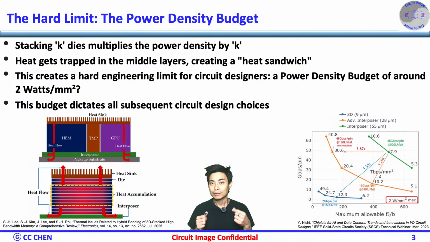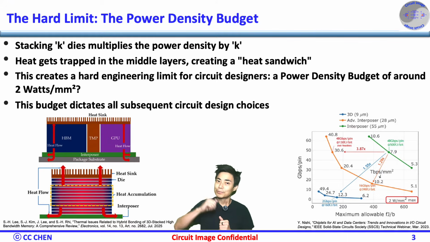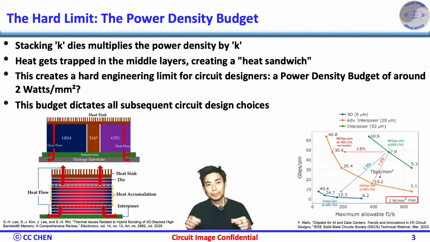Here, we hit the first hard wall, a circuit level constraint set by the power density budget. Stacking multiple active dies multiplies local power. Heat becomes trapped in a heat sandwich, and that creates a firm design limit where interconnect and circuit can consume only about 2 watts per millimeter squared before risking thermal failure.